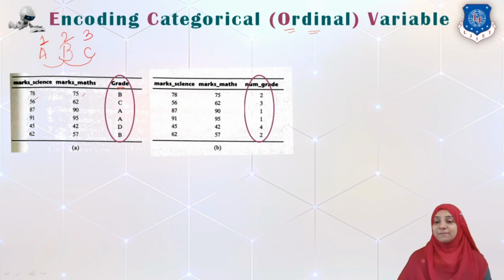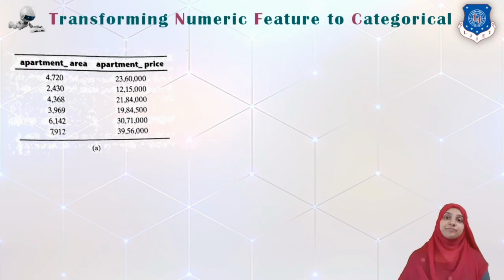So I can simply create a numerical grade feature and give an equivalent value to the grade. For example, B grade is the second type of grade, that's why value 2 is there. C grade is the third type of grade, so value 3 is there. A grade is the first grade, that's why value 1 is there, and so on.